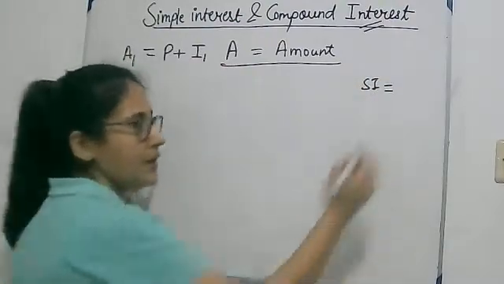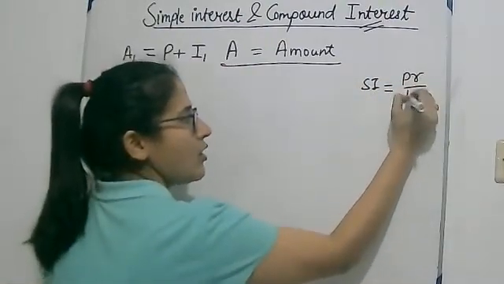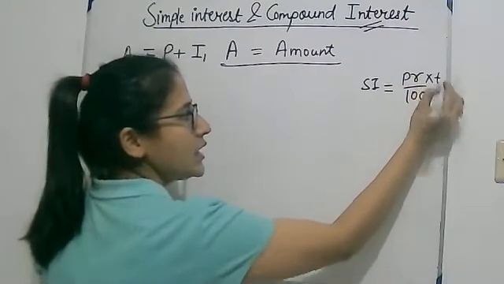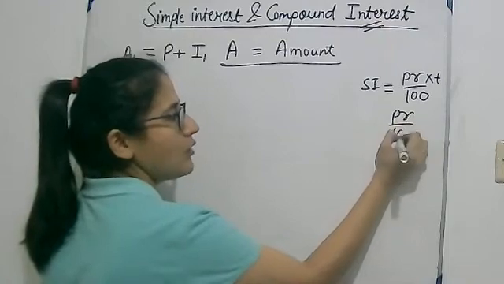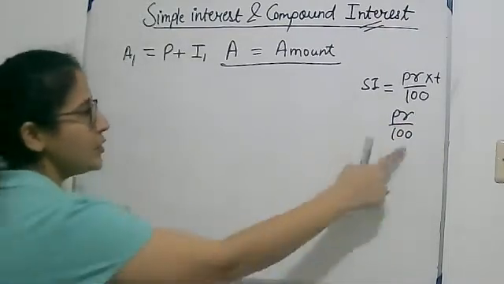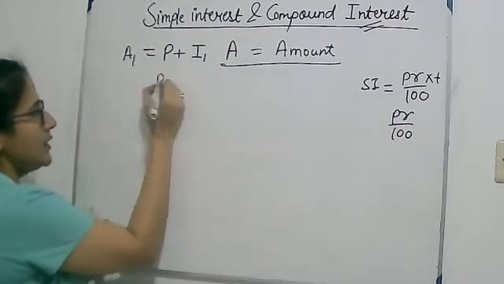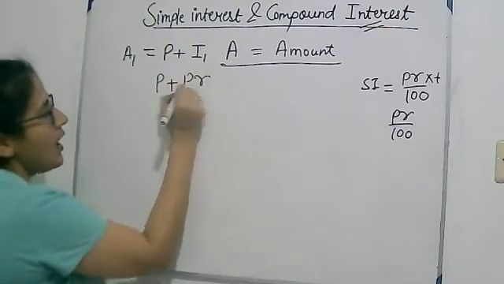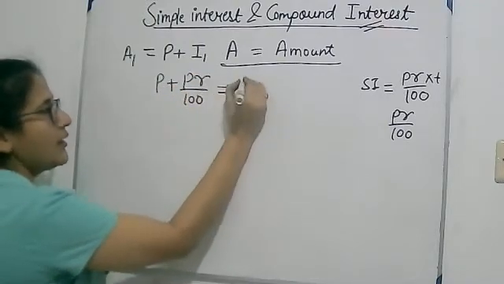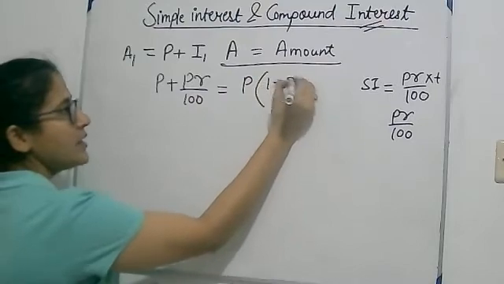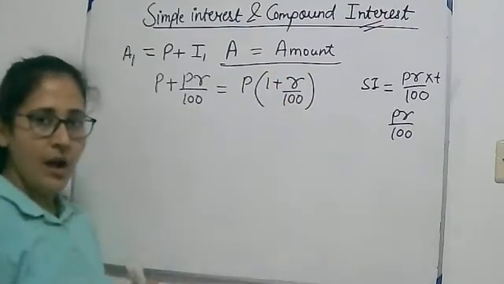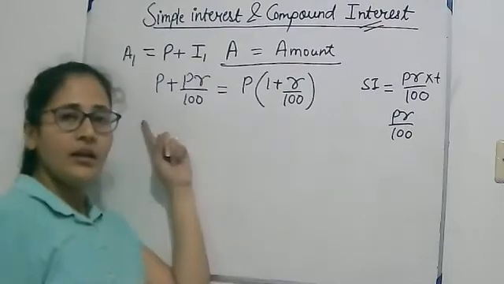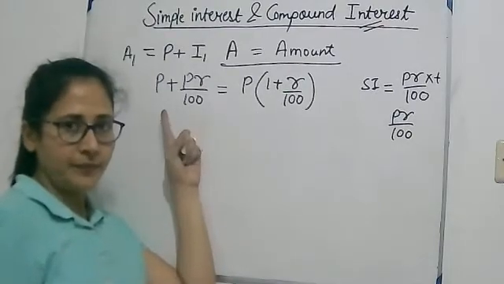Same like the simple interest, PR over 100, because T is 1. Substitute this value in interest: P plus PR over 100. So we can write it as P(1 plus R over 100).